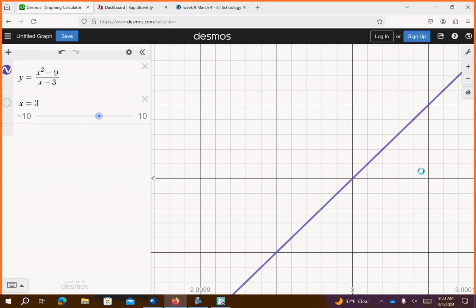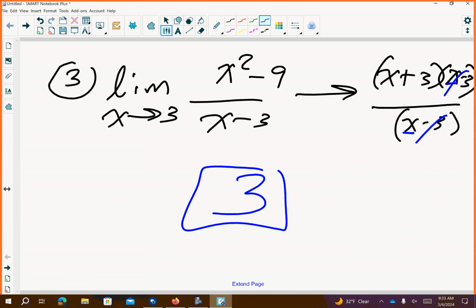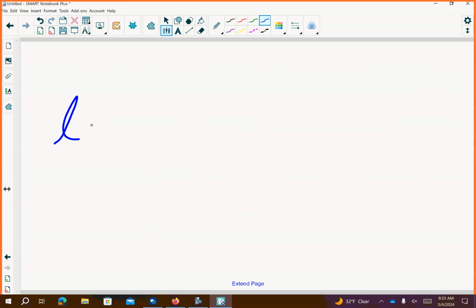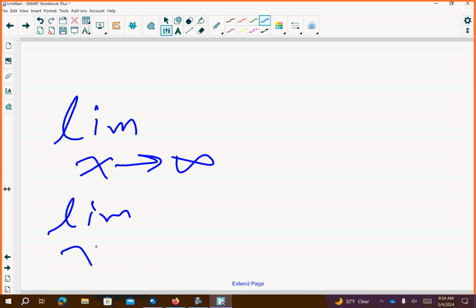8 and 9. Let's talk about when a limit goes to infinity. If we had a limit as something goes to infinity, or a limit as something goes to negative infinity, this is like the end behavior.